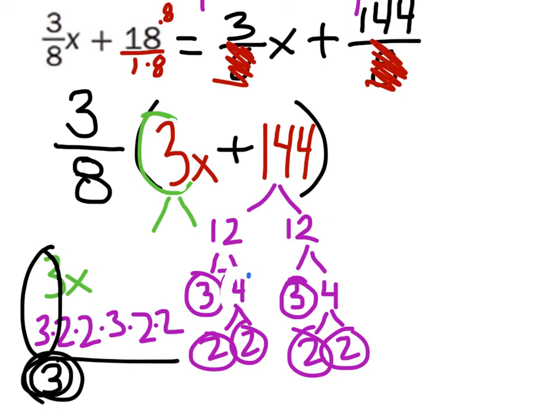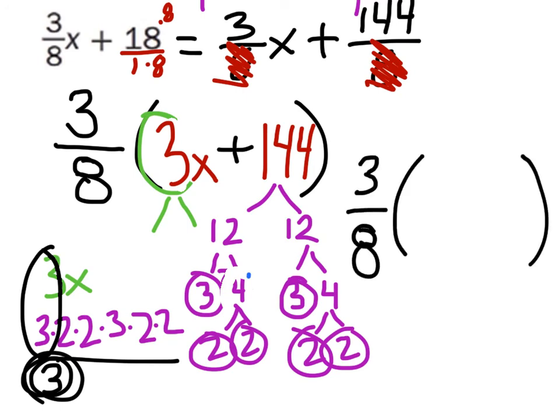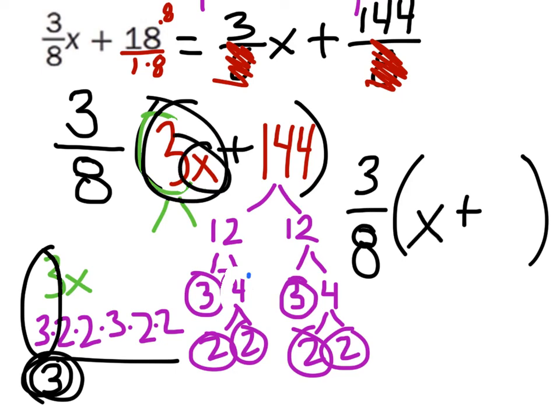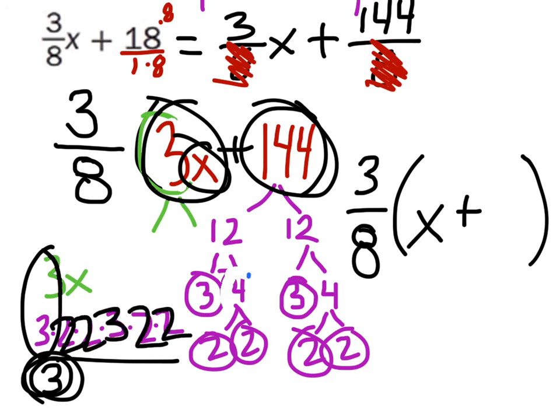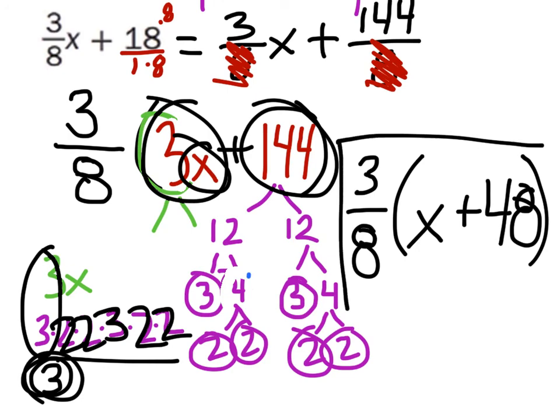So we've got this 3/8, and what goes inside the parentheses? Plus. Very good. What was left over from here was the x. What was left over from 144? 2 times 2 times 3 times 2 times 2. 48. Very good.